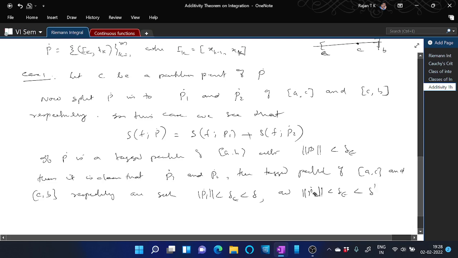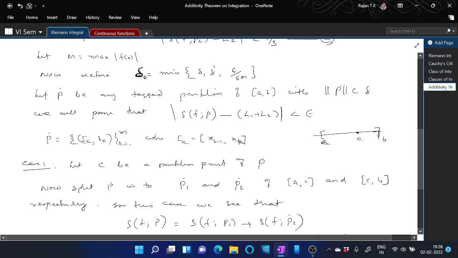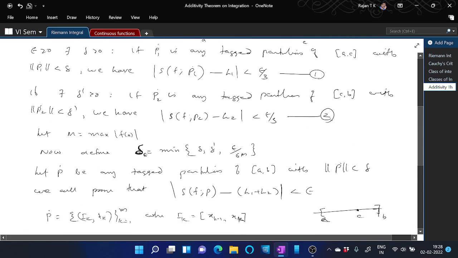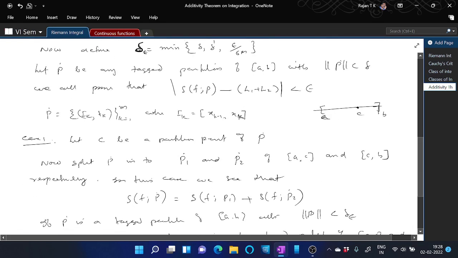So in any of these cases, we have S of P1 minus L1 less than epsilon by 3, S of P2 minus L2 less than epsilon by 3.